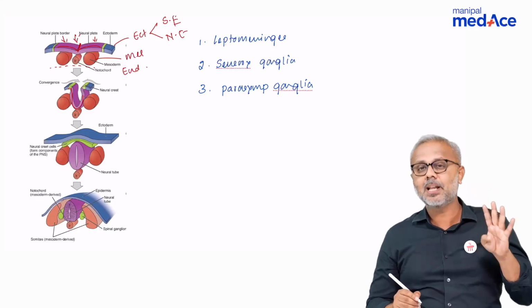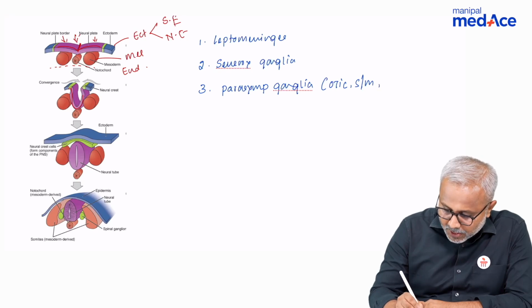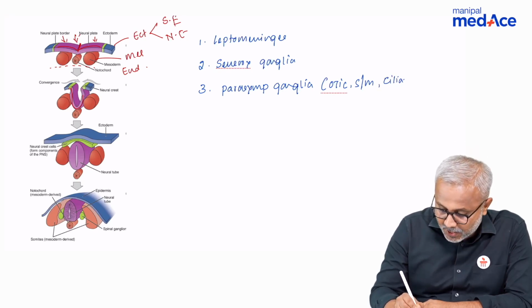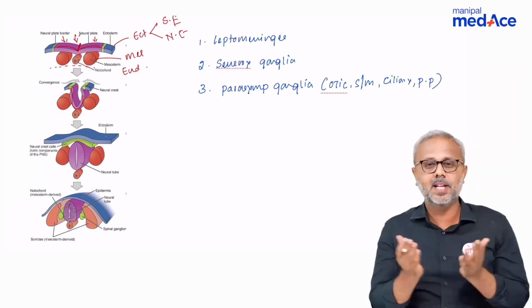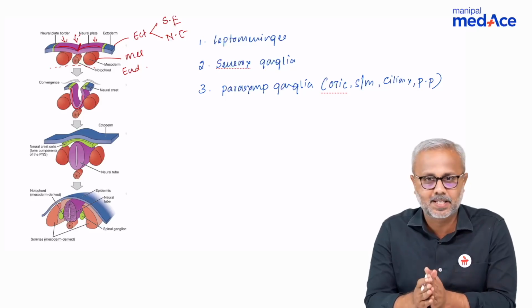What are the four cranial parasympathetic ganglia we have? Remember, we have the otic ganglion, the submandibular ganglion, the ciliary ganglion, and the pterygopalatine ganglion. All these cranial parasympathetic ganglia are developed from the neural crest cells.